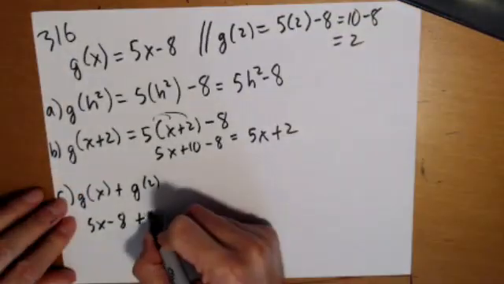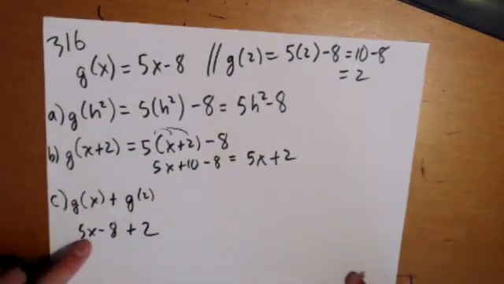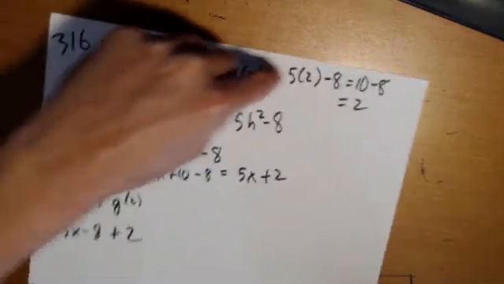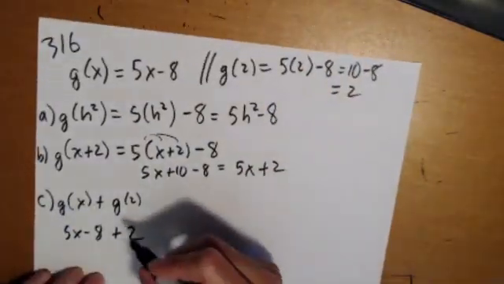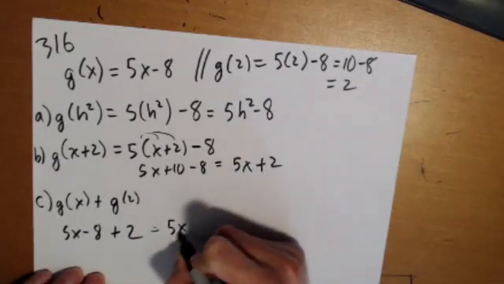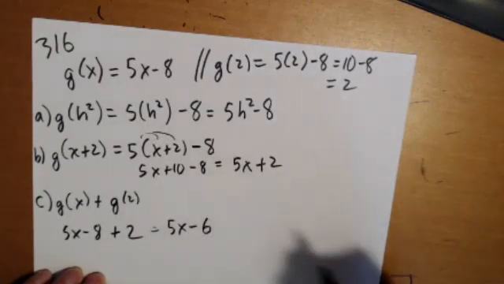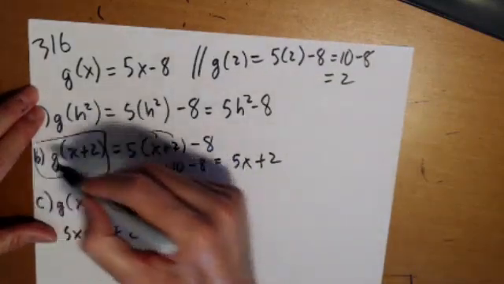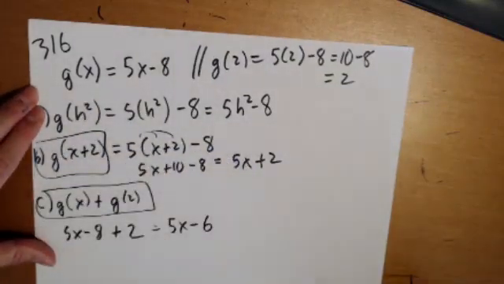So g of x is just 5x minus 8, and g of 2, which I did off to the side, is just 2. Then clean it up: 5x minus 6. I think what the book wanted to show was that g of x plus 2 is different than g of x plus g of 2.